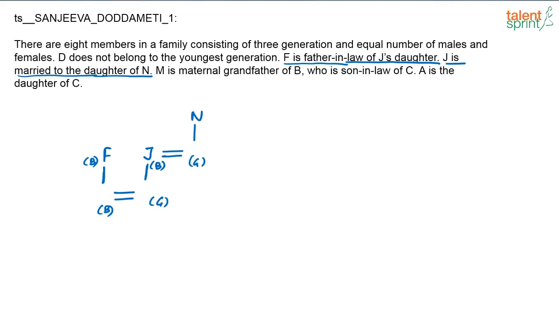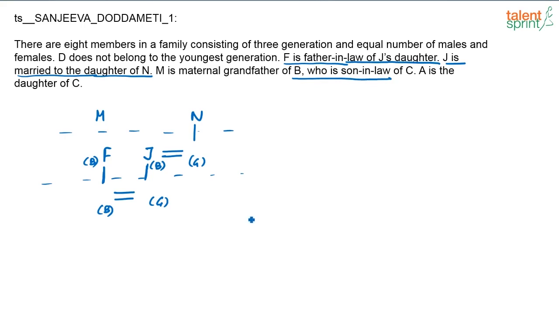So see, there are 3 generations, right? So this is your first generation, second generation, and this is your last generation. So when they say M is the maternal grandfather of B, where should M be? M has to be in this generation. Now M is the maternal grandfather of B, who is the son-in-law of C. So B is going to be in the lower generation and B is the son-in-law of C. So basically B is a male member.